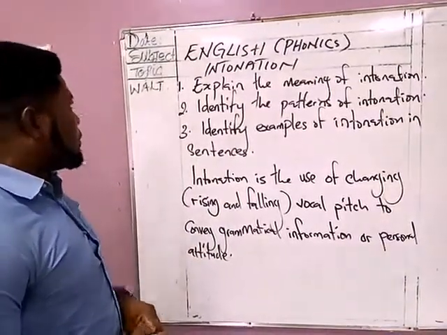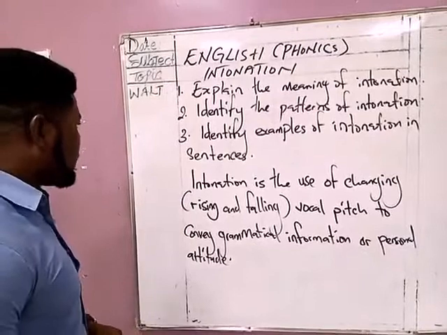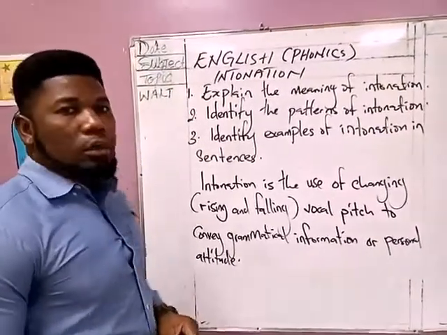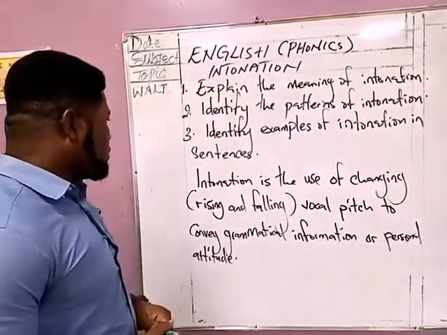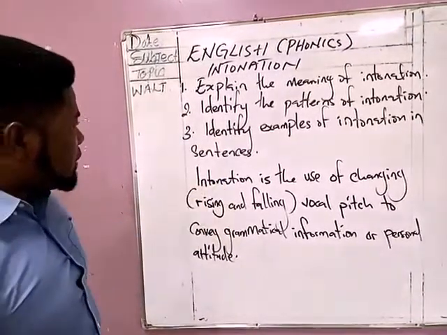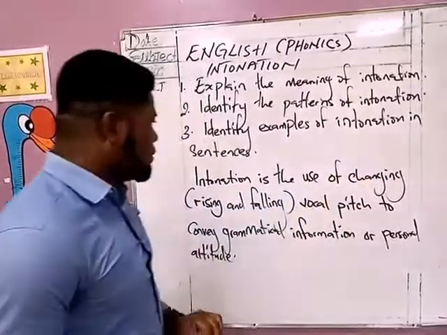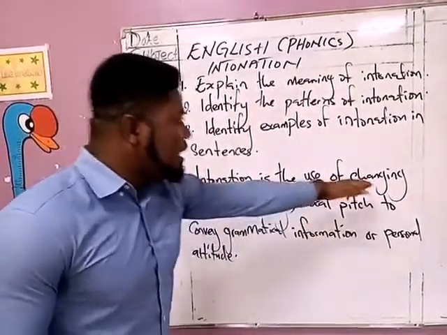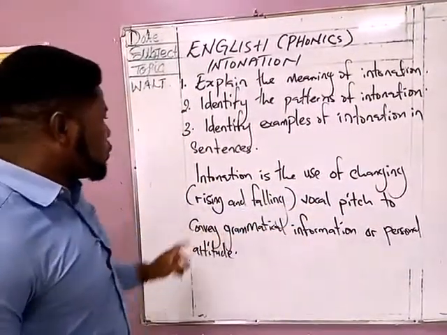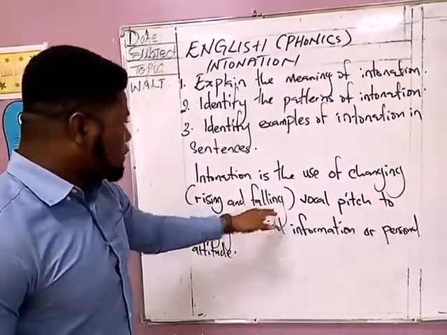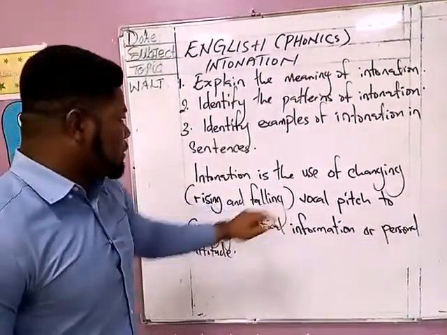Now, over to the first objective, which is the definition or the meaning of intonation. Right here, as you can see, intonation is the use of changing vocal pitch. When they say changing vocal pitch, it has to do with rising and falling.